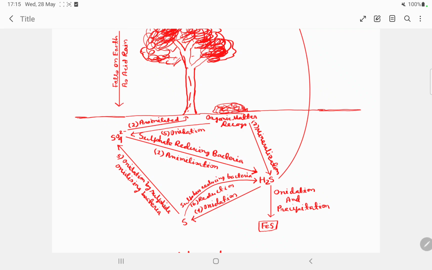Now these sulfide oxidizing bacteria convert the elemental sulfur to SO4 2-, the sulfate ion.